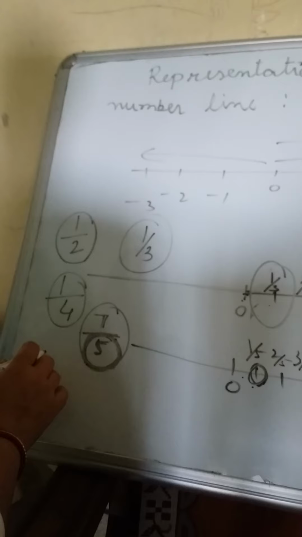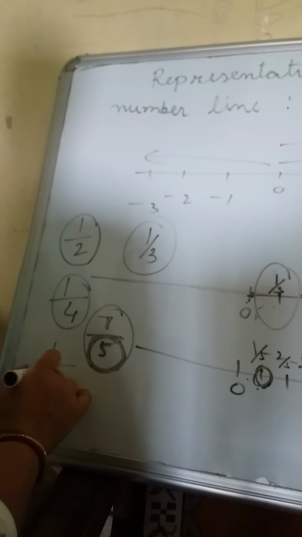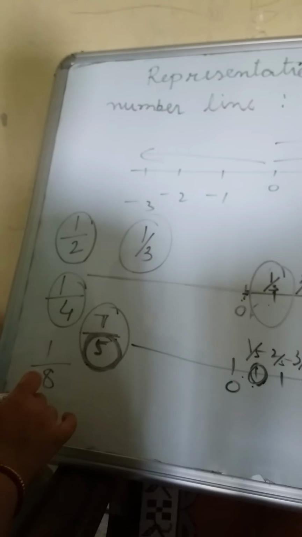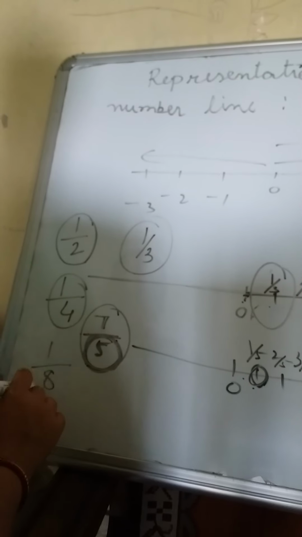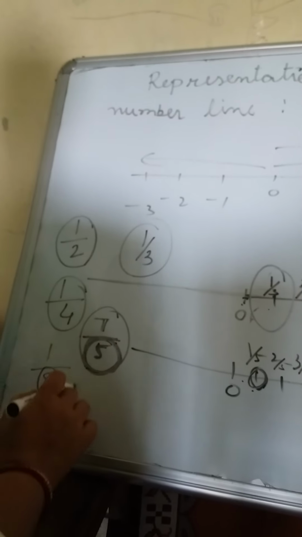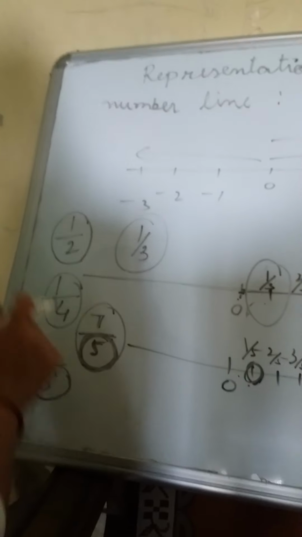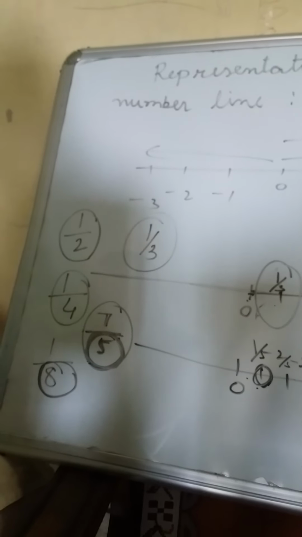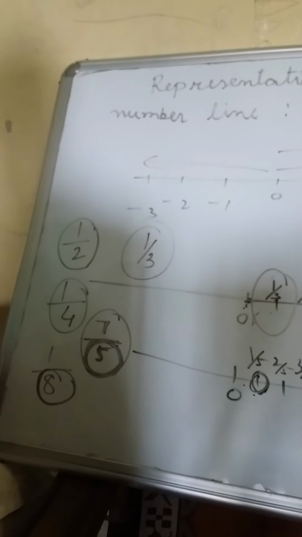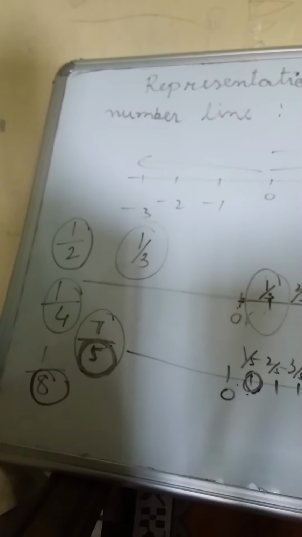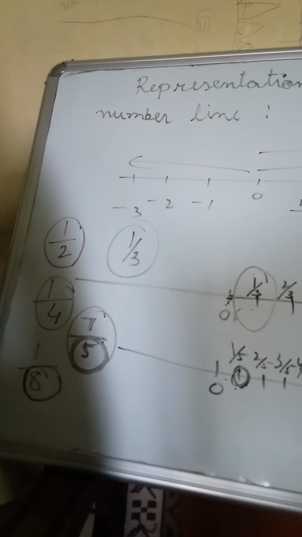If I ask you to represent 1 by 8, then between 0 and 1, you have to divide it in 8 equal parts. Okay, this is the approach you need to follow when you have to represent a rational number on a number line.